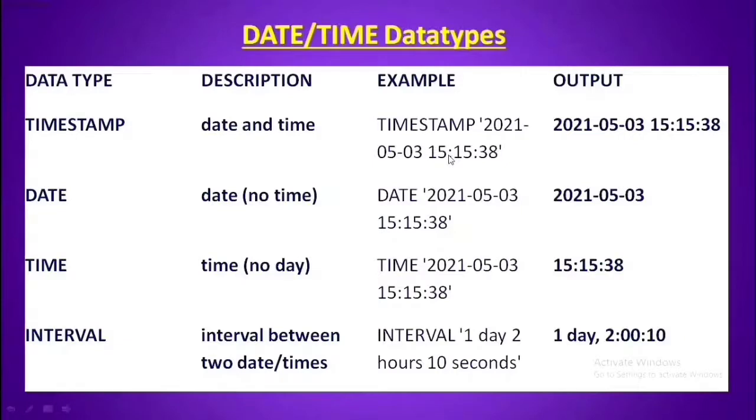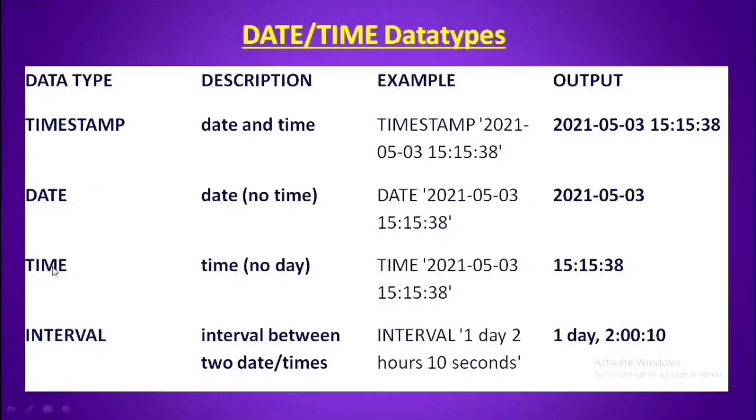And next, time, hours, minutes, seconds. Timestamp means including both date and time data types, so output is displayed in date and time. Next, date. In this example, two data types are declared, date and time data types, but output is displayed in only date because the date data type is selected.